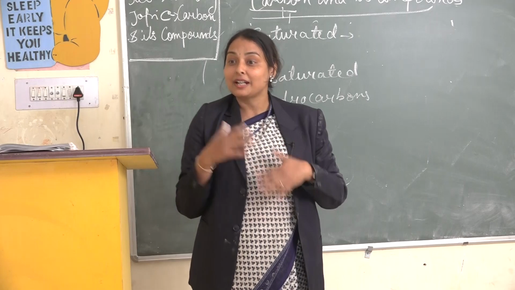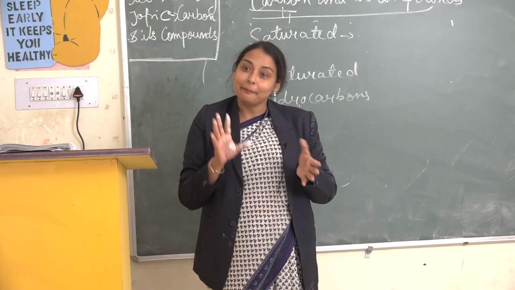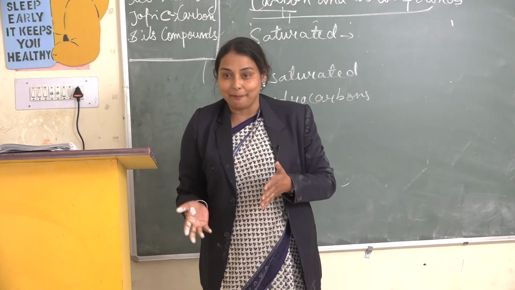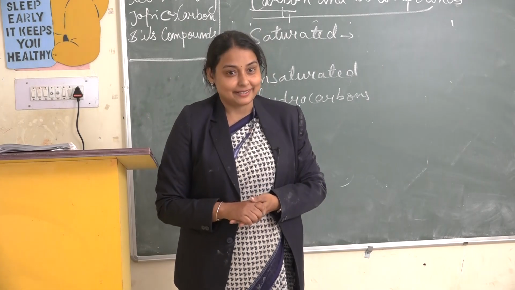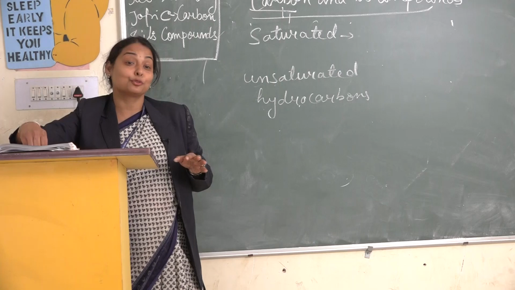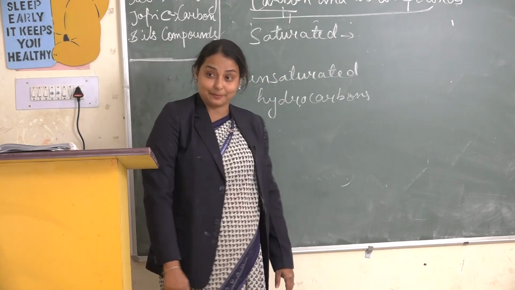But in the combined state, some more are with me, meaning carbon is combining with other elements to make a compound. Is it clear to you? Now we will come to know what saturated and unsaturated hydrocarbons are.